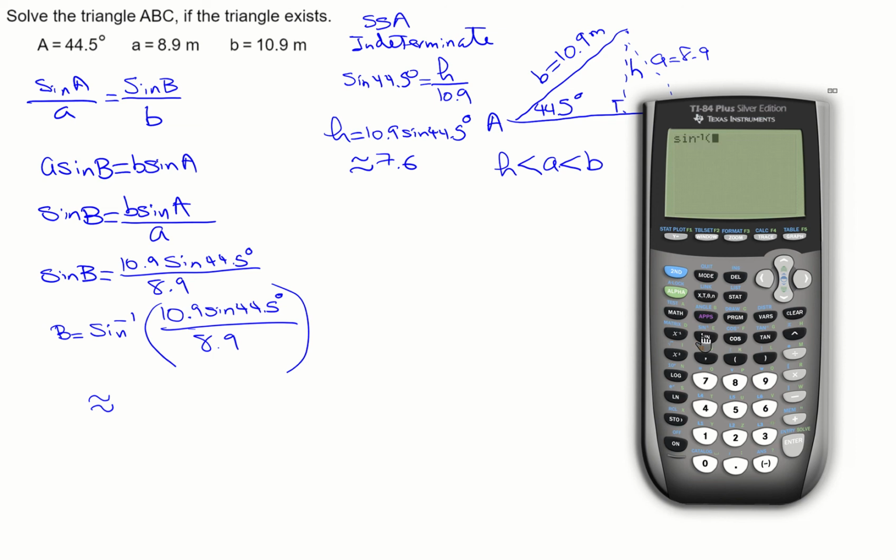Now we put the numerator in parentheses. So we have 10.9 sine of 44.5 degrees. We need 2 of those, and then divided by 8.9. We should be done with that. All right, so we get approximately 59.1 degrees.